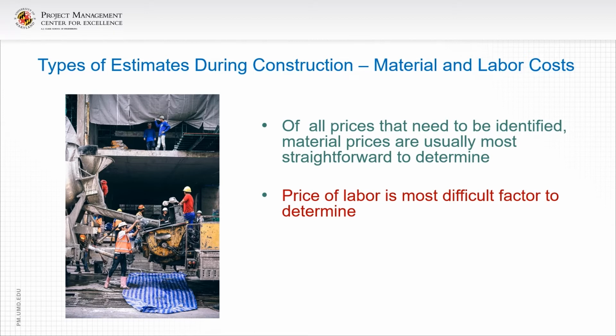Non-union labor rates are determined by each company and depend on the geographic area. In either case, wage escalation must be factored in, particularly on long-term projects. Union rates are generally negotiated for 1 to 3 years by each trade, so these agreements need to be researched.